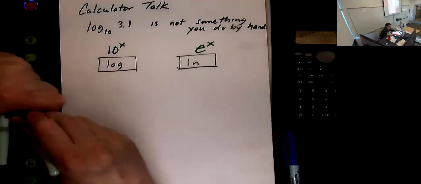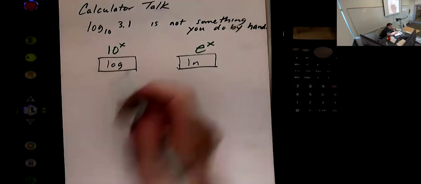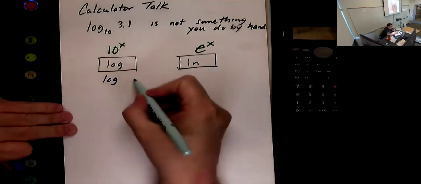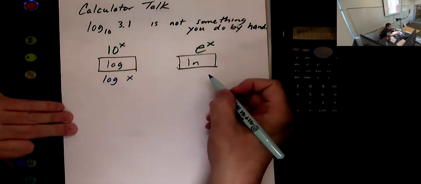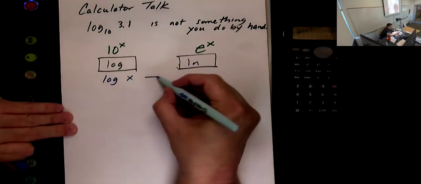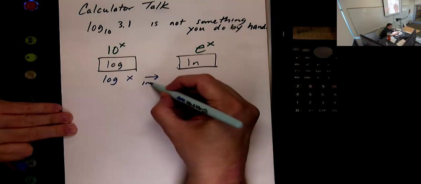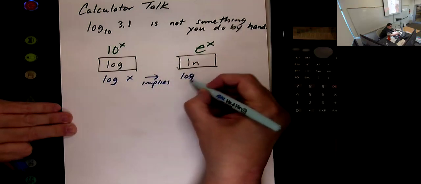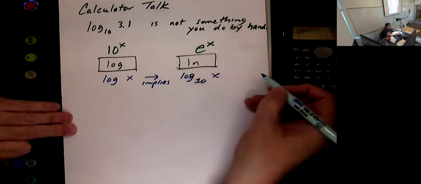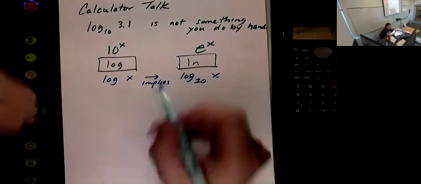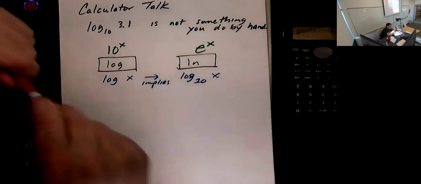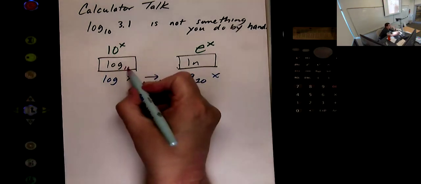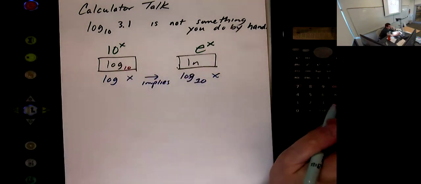When we say log, and there's no number listed like log x, it implies log base 10 of x. So there is a hidden 10, it's not depicted. We just say log x because it's the common one.